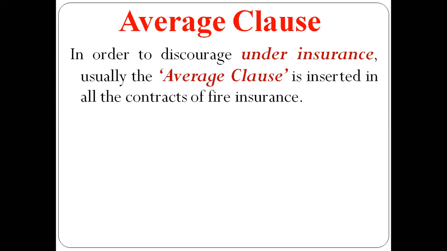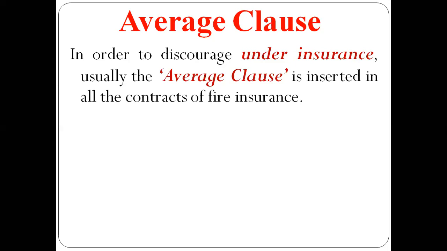Therefore, only 60% of the material is insured. So of whatever material has been destroyed, only 60% will be given. That is 30,000 will be given as claim out of 50,000. So this is what we are doing under the average clause: we are reducing the claim proportionately.